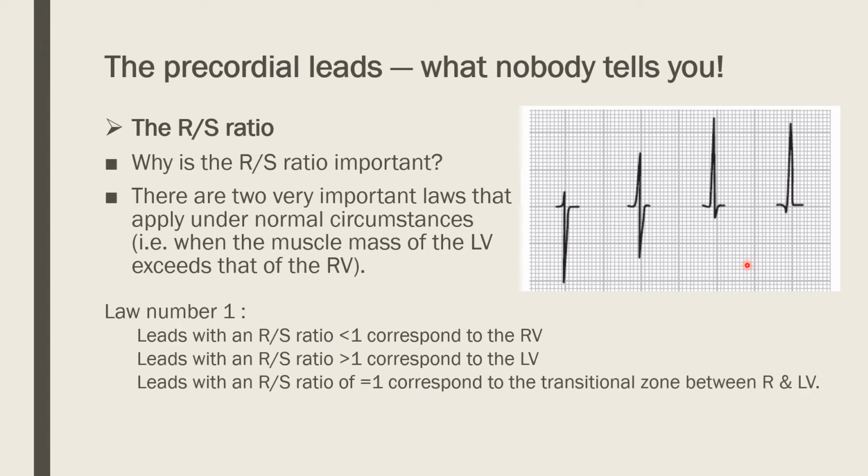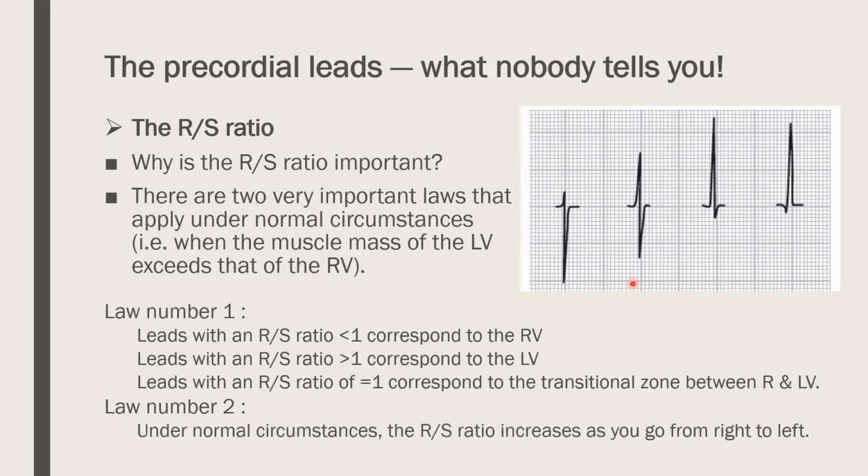Leads with an RS ratio equal to 1 correspond to the transitional zone between the right ventricle and the left ventricle, which means the septal part of the ventricle. Law number 2, under normal circumstances, the RS ratio increases as you go from the right to the left.